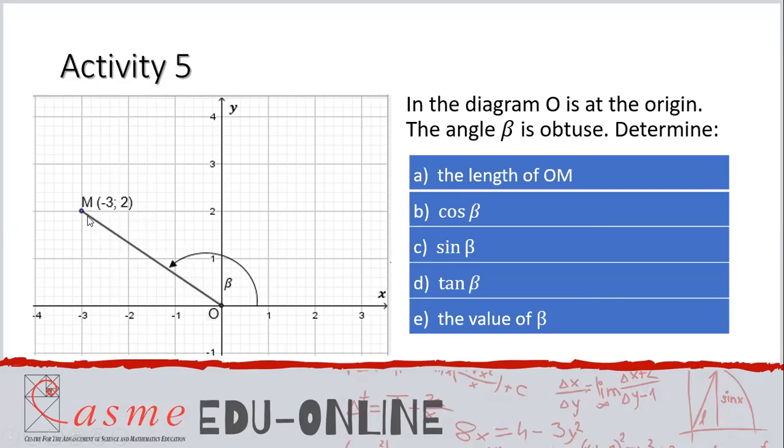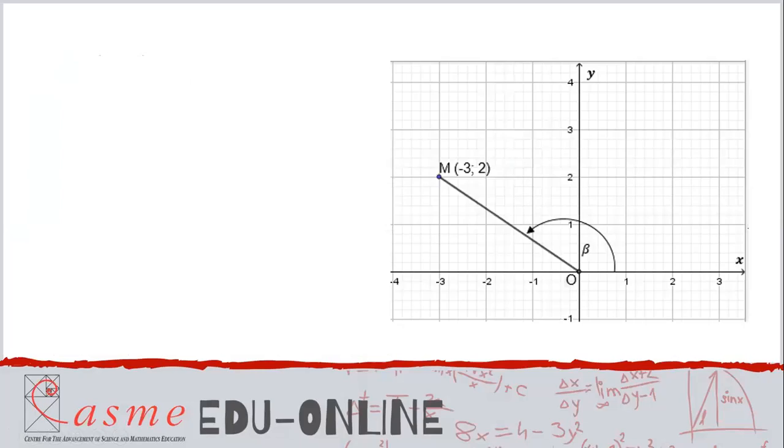We are going to use Pythagoras. Assume that the height here is 2, and this length here is 3. But you can use the coordinates as they are. For instance, length of OM will be: you take the -3, you square it, and then you add your 2 squared. You square -3, you get 9. You square 2, you get 4. 9 plus 4 gives you 13. So you can say that OM again is root 13.